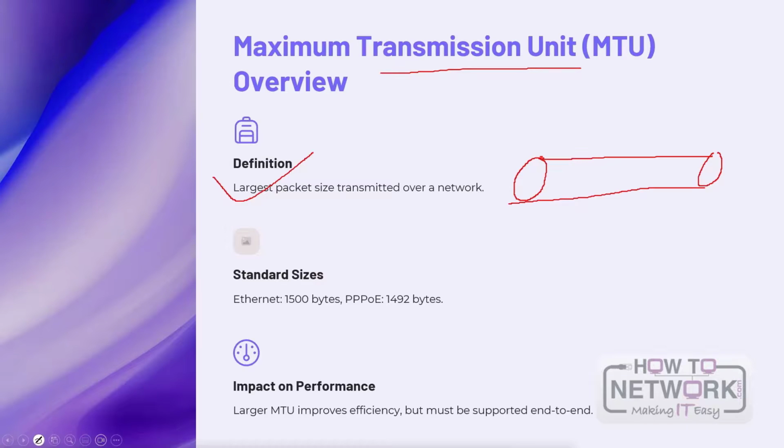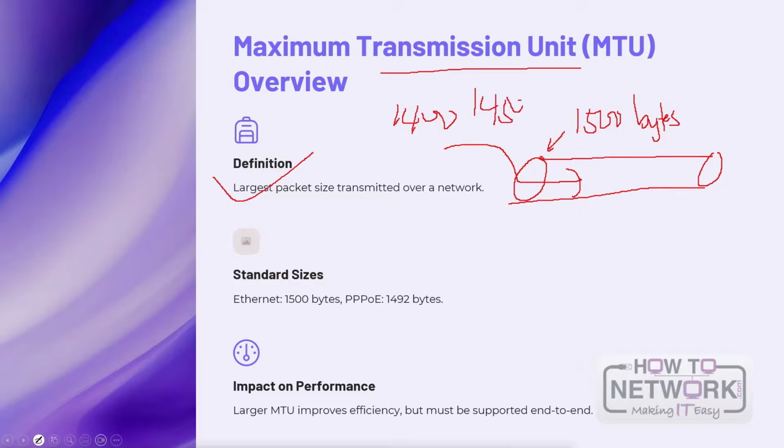And if you have a pipe and you have a packet, and this pipe can only allow, let's say, 1500 bytes, okay? So if you have a packet that is 1400 in size, then that will go past the pipe or the link without any problems.